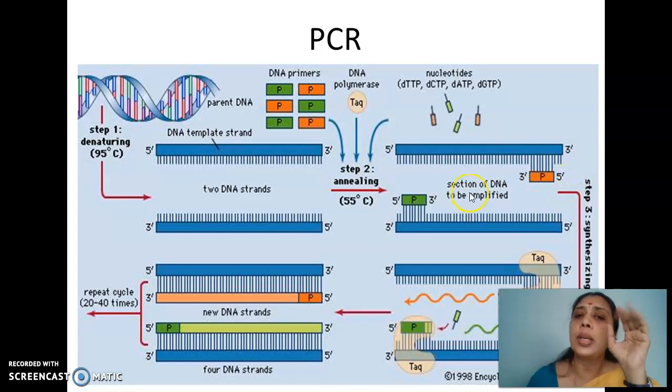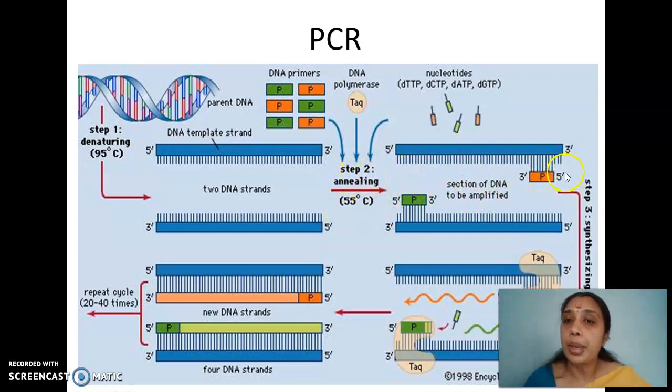This annealing again requires only around 35 seconds, a small span of time, and it requires a temperature of around 55. So from 95 degrees Celsius, you have to reduce the temperature to around 55 degrees Celsius.